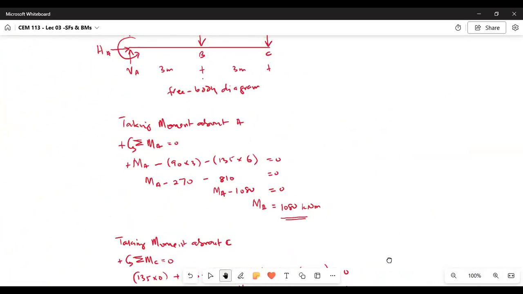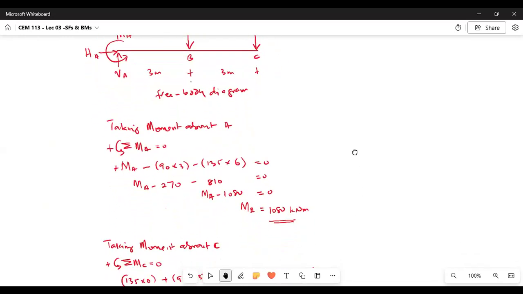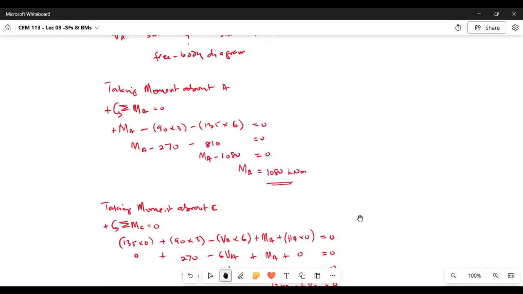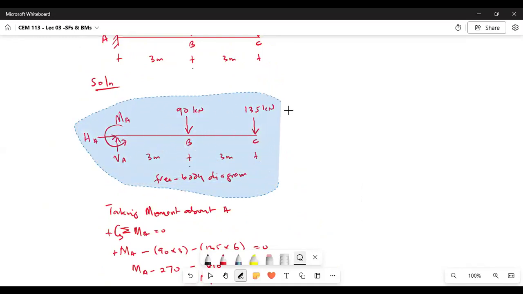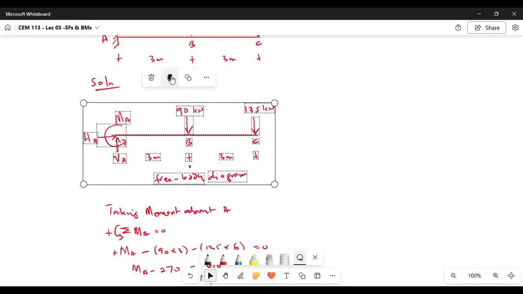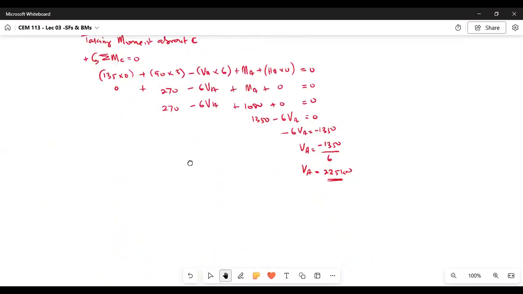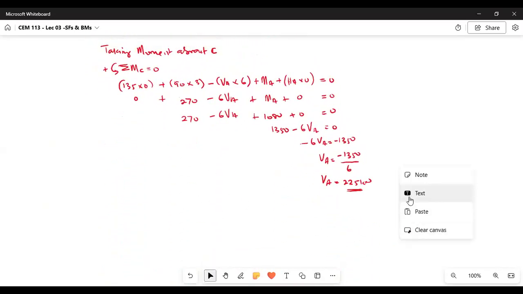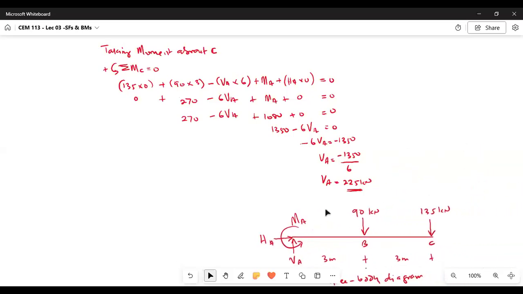Okay, so now we have been able to calculate the reaction A and the reaction MA. Now we need the horizontal force. So as you can see, we have only one horizontal force. Okay, so I may even copy this so that we can take it to the other side to work with. So I'm pasting here just for convenience so that we look on it to do the rest.